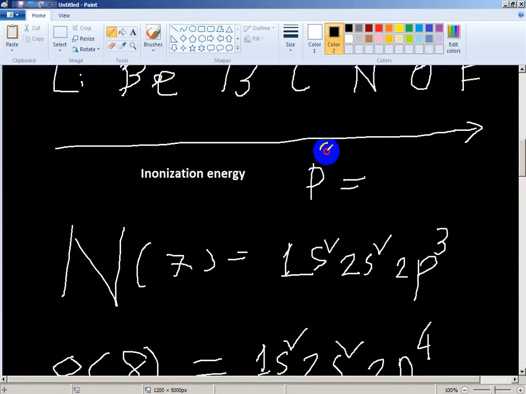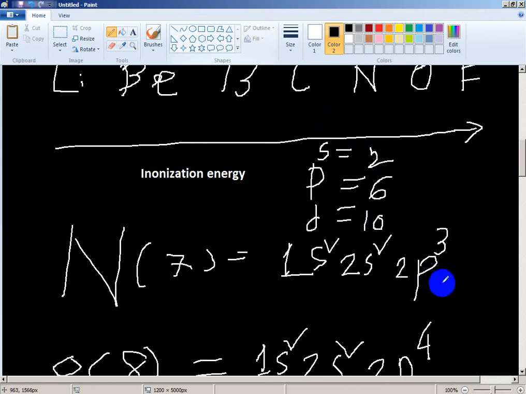How many electrons can an s orbital occupy? The s orbital can hold at most 2 electrons, the p orbital 6 electrons, and the d orbital at most 10 electrons.